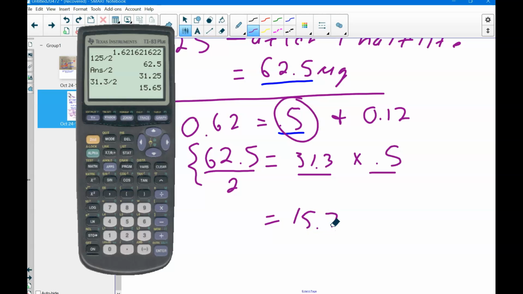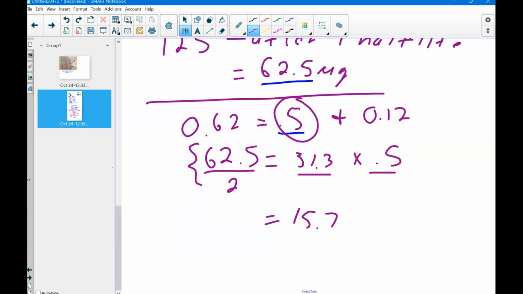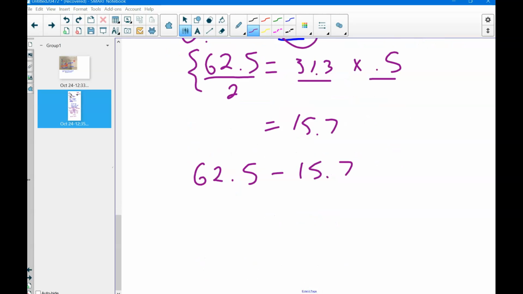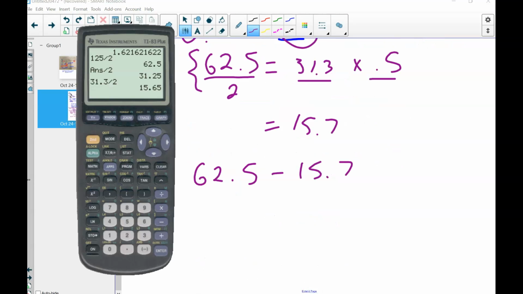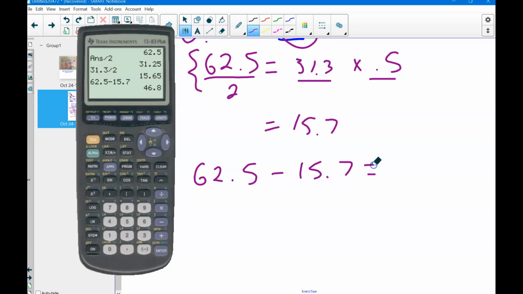So then for 1.5 half-lives, this is confusing, it's going to look like 62.5, the previous half-life, minus 15.7. Now we're down to 46.8. So you see how it's decreasing.